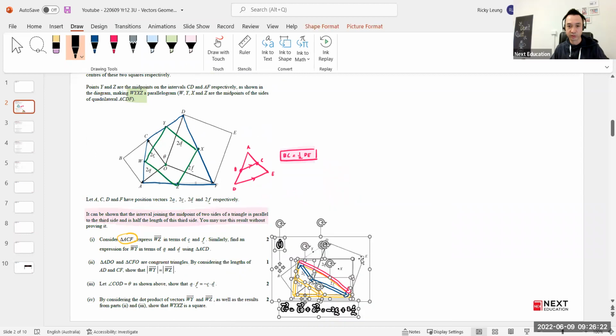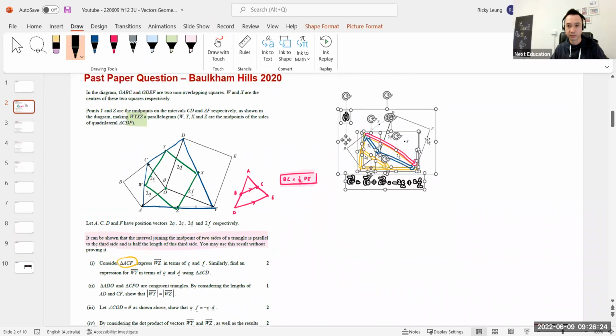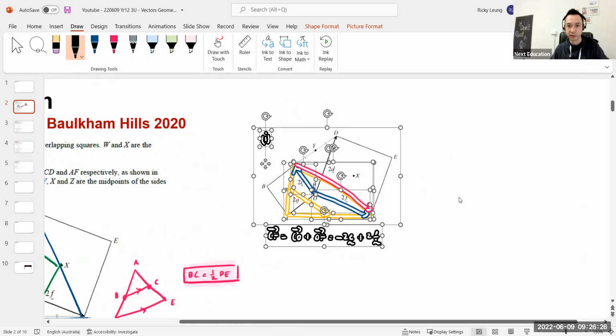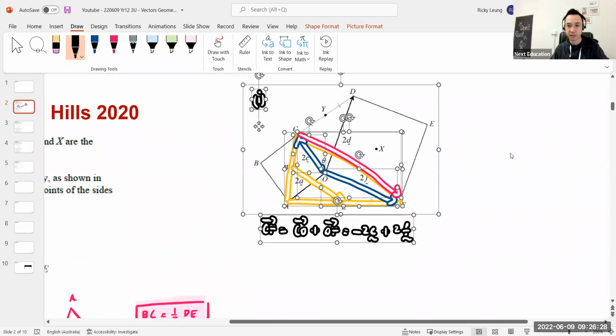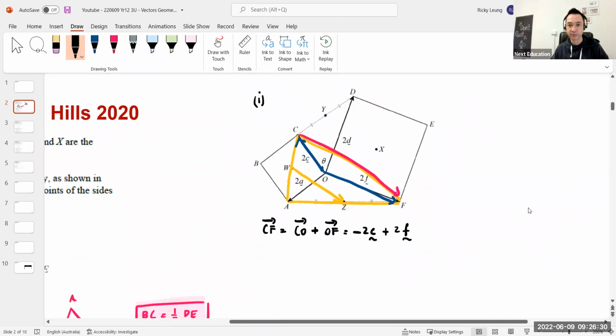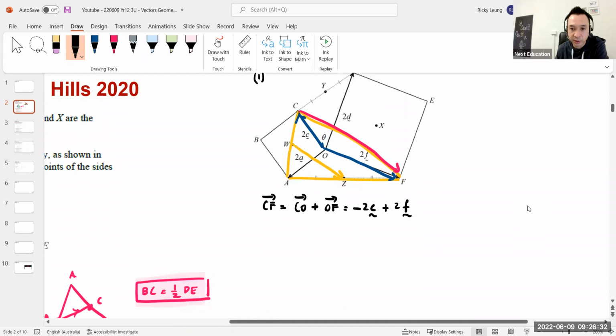Secondly, I will move this guy up here so I can work on it free of fear from running out of vertical space. So CF equals, maybe factorize, 2 times F minus C. Perfect. That's the pink.